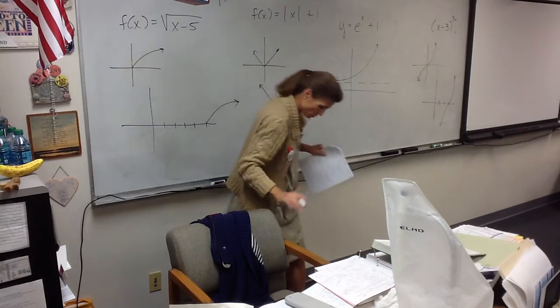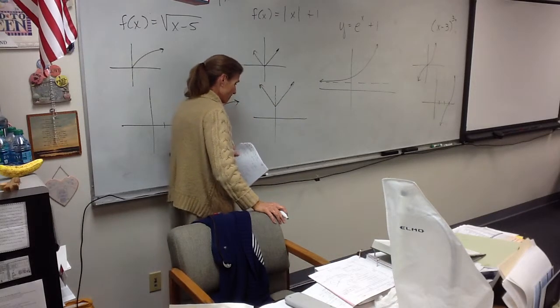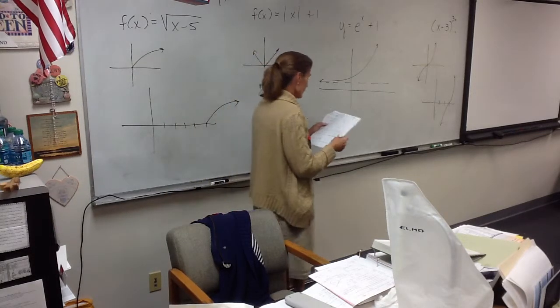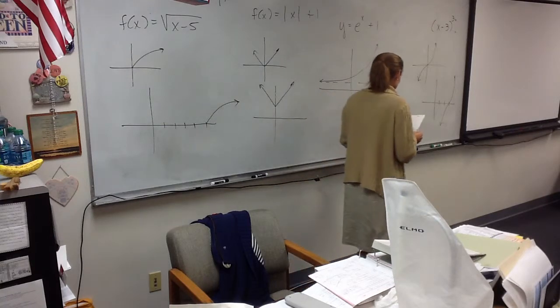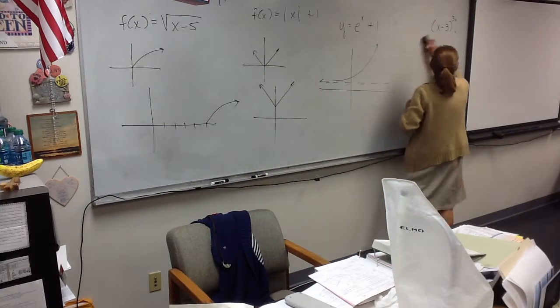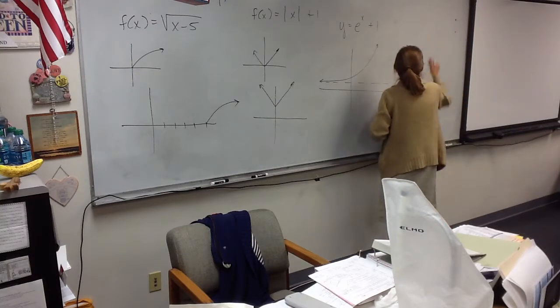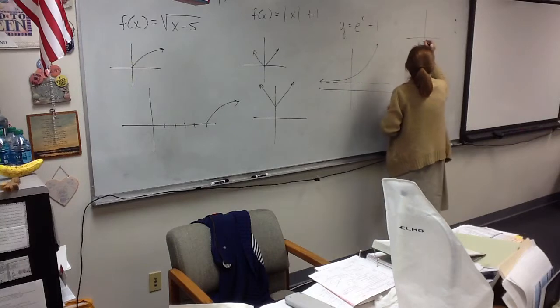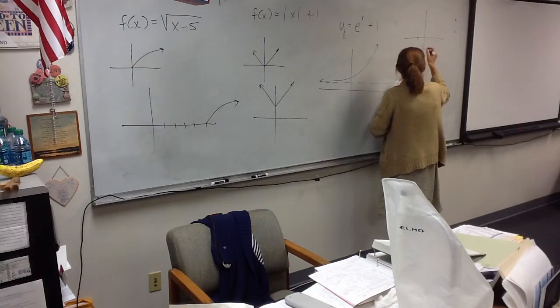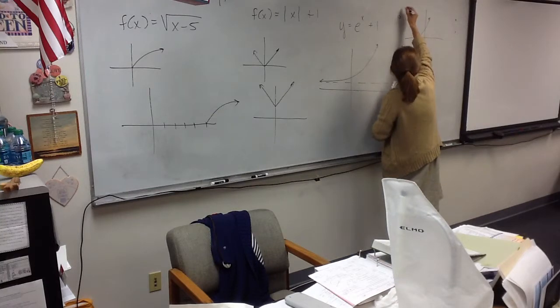It's your exponential moved up 1. What does D do? The left one. D goes left 1. Very, very good. What shape is it? Parabola, yep. So there's a picture of D.